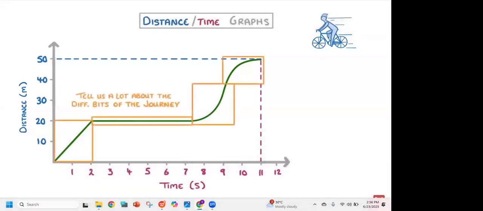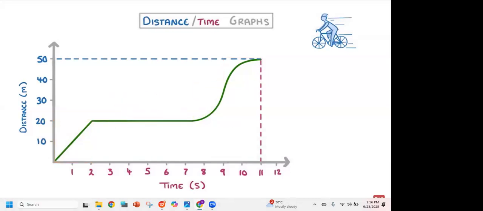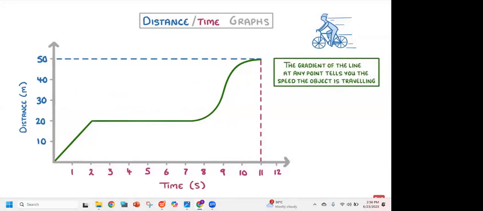Graphs like this also tell us a lot about the different parts of the journey, and you need to be able to interpret each of these different stages. The most important thing to know is that the gradient of the line at any point tells you the speed that the object is traveling at that time.